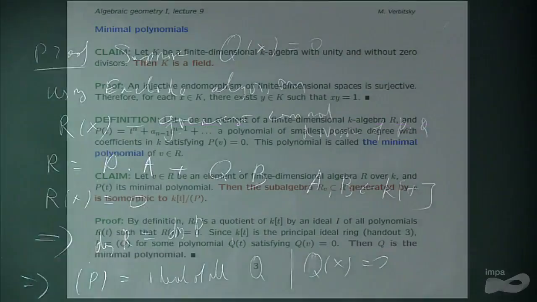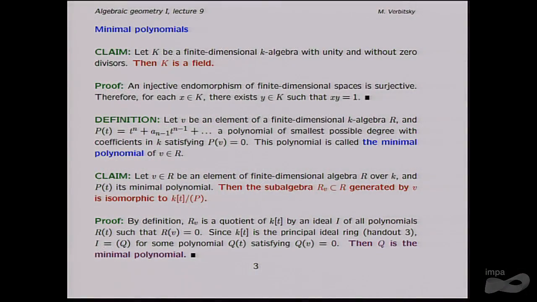This is surjective because x generates A, and the kernel of this map is precisely this ideal, which proves this claim. Questions, comments? Since I assume most of you know this, I'm not spending time on it, but maybe you still have questions.